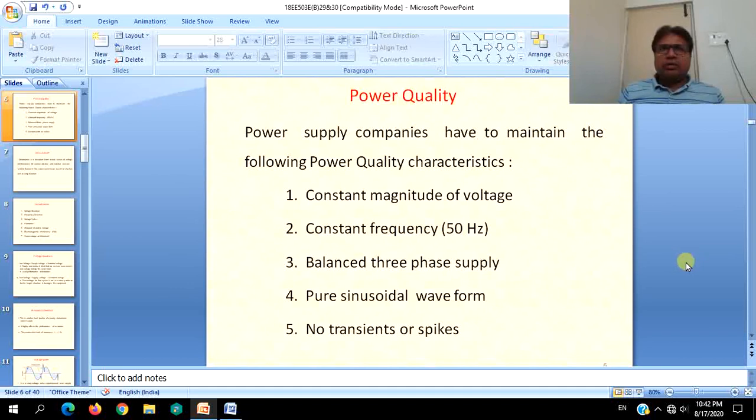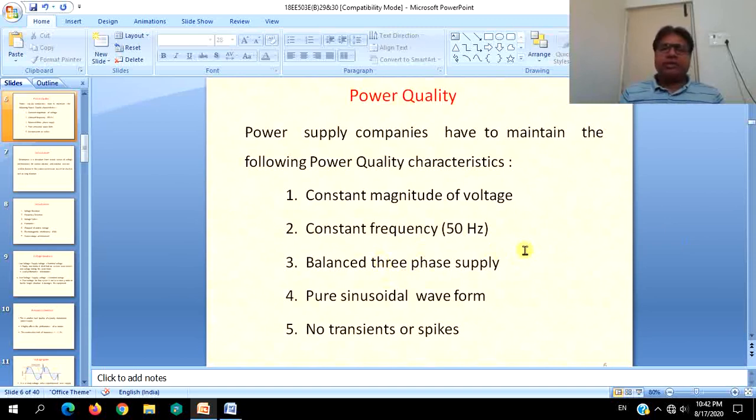So to have balanced load on the generating stations, transmitting substations, our distribution substations, or even our street side distribution transformer, the single phase loads should also be evenly distributed over all the three phases, so that at least there will be some balance on the transformer secondary.